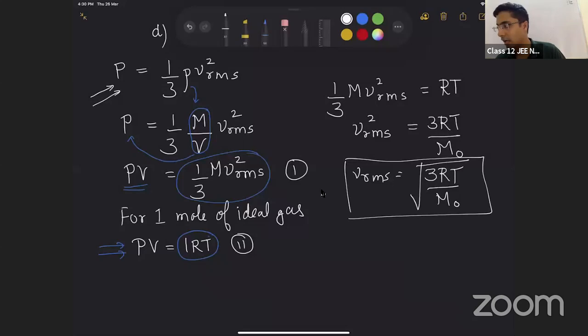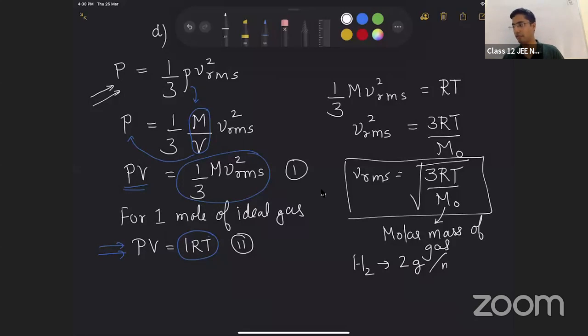Here M naught is the molar mass of the gas. So for instance, for hydrogen, M naught is 2 grams per mole. So we'll write it as 2, and grams you should convert into kilograms. R is the standard gas constant and T is the Kelvin temperature. Don't forget this. This is Kelvin temperature.